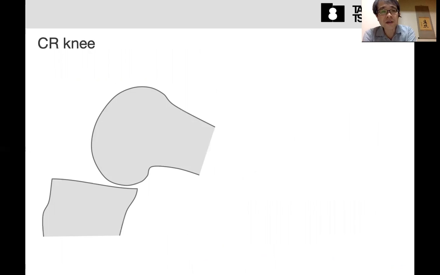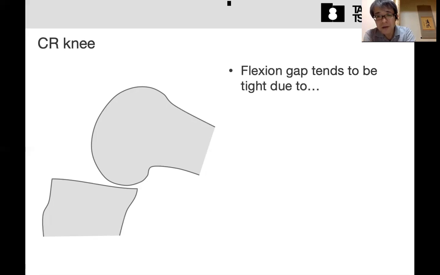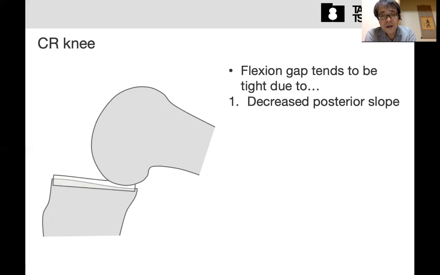Okay, but unfortunately, in the CR knee, there is a disadvantage regarding the post-operative flexion. It is a little bit limited. Why? The reason is the flexion gaps tend to be tight due to the decreased posterior slope.